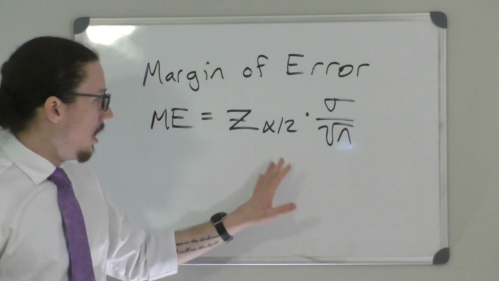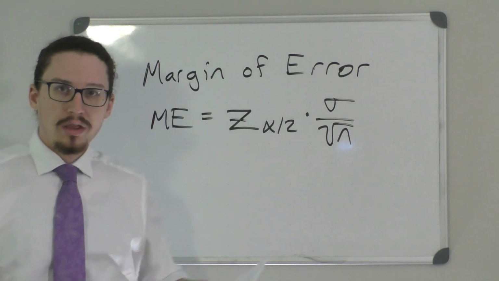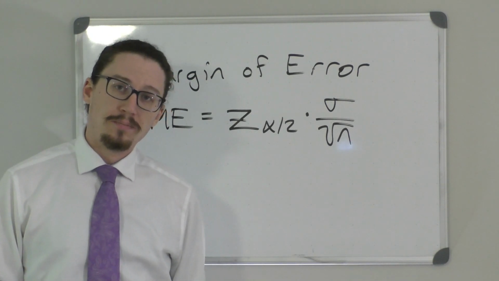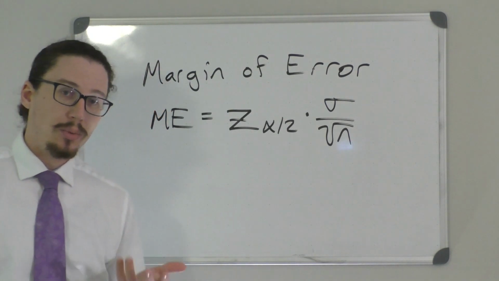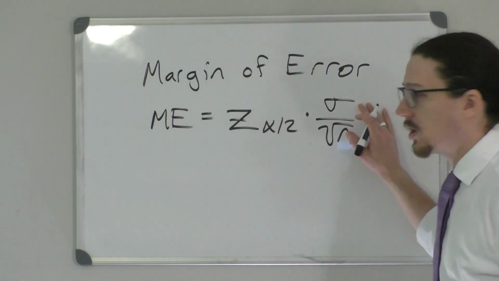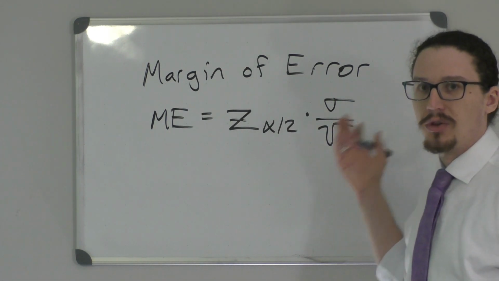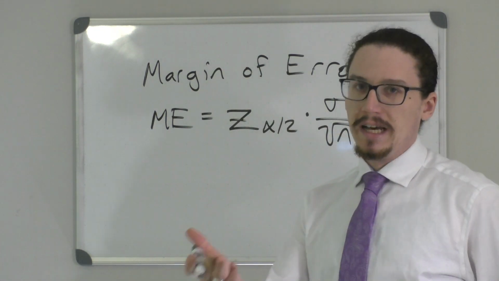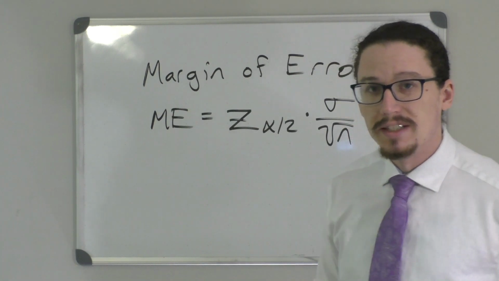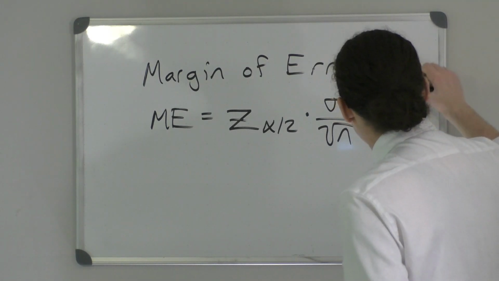So the only thing that's going to determine the width is this margin of error. There are three things that could contribute to the width of the margin of error. Let's talk about those and see what we can do about them. First I want us to talk about sigma, or the standard deviation. This is true whether we're talking about the population standard deviation or the sample standard deviation.